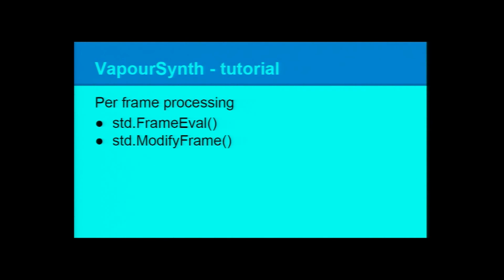So sometimes we need to create some animation effects, such as fade in, fade out, and incrementally scaling video frames. So we can define a function to vary video contents per frame. For this we use std.FrameEval, and we will see how to do this.